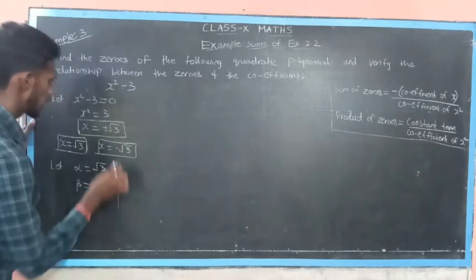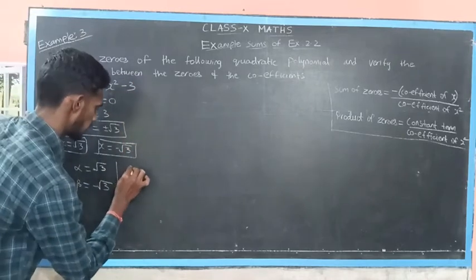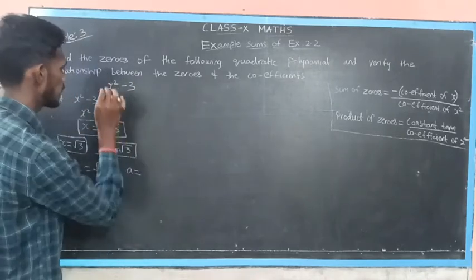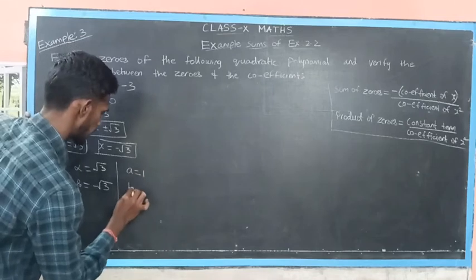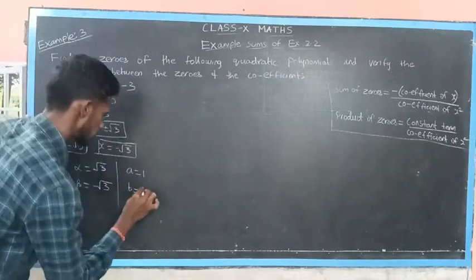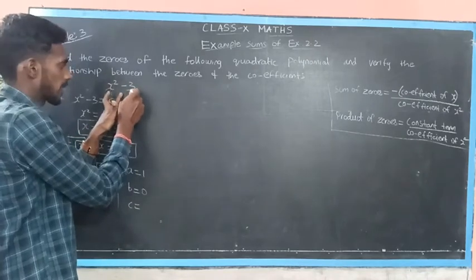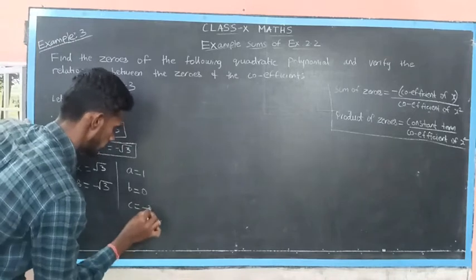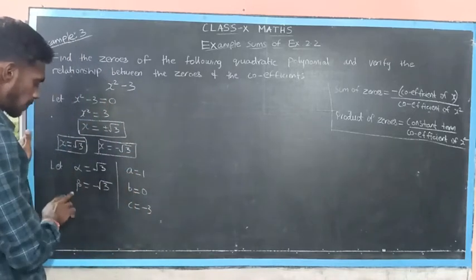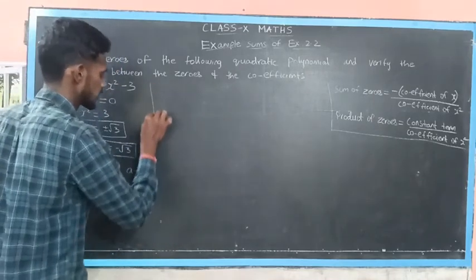Then comparing the given quadratic polynomial to the standard form, I get the a value to be 1, b value, the x coefficient, there is no x coefficient here, so it is 0. Then the constant term is minus 3. I have found the values of alpha, beta, a, b, c. Then we go for the condition.